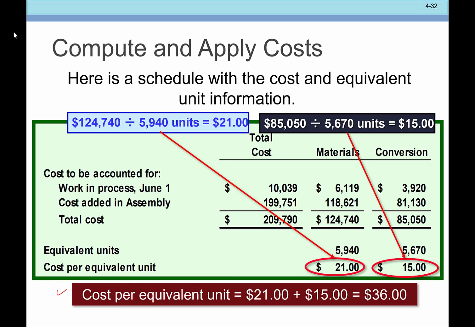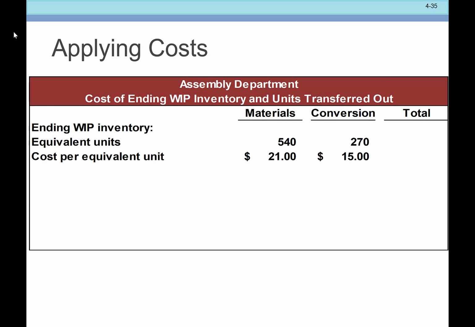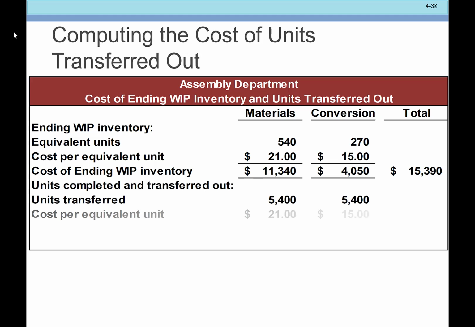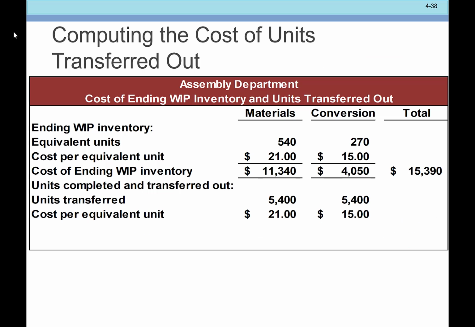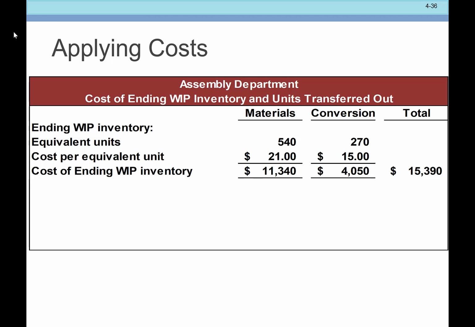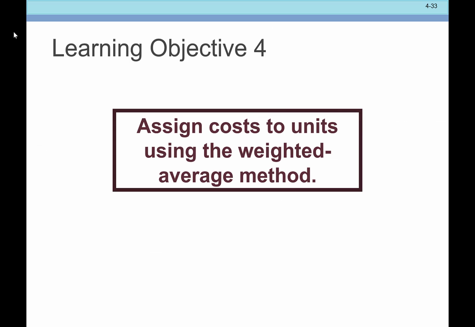Okay, so 10,039 is the total cost sitting in work in process at the beginning. That's the beginning balance. Then we added 199,751 of cost for the period, going back to that other slide.